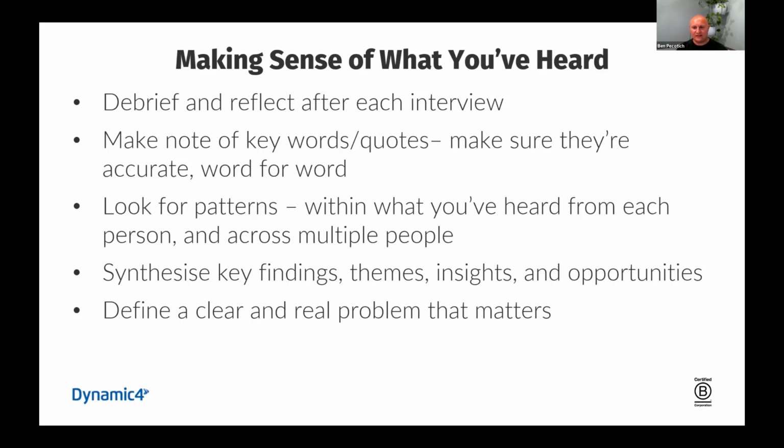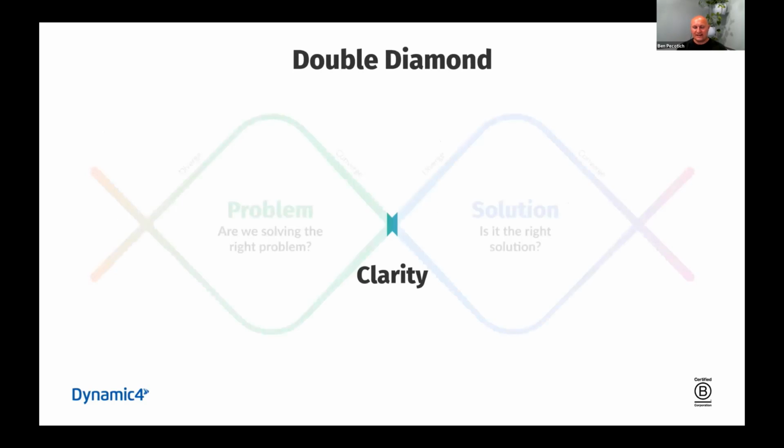And then having a fresh, meaningful level of what the real problem to solve is, the problem that really matters. And that's the point that I mentioned before, at the midpoint between the two diamonds, of really sharp clarity. It's now clarity that's built on meaningful insight and evidence and empathy.